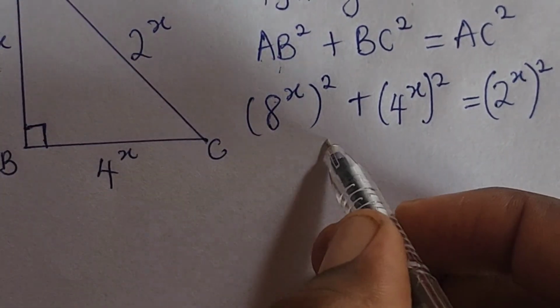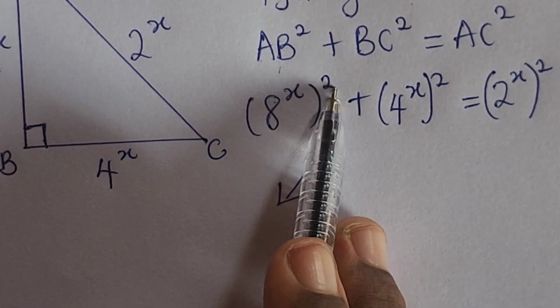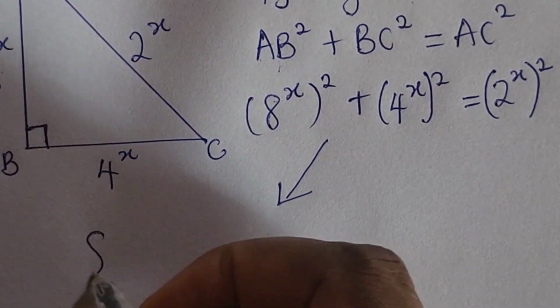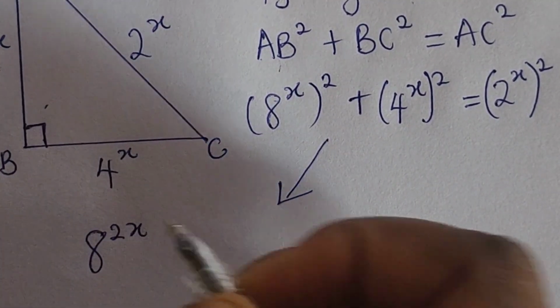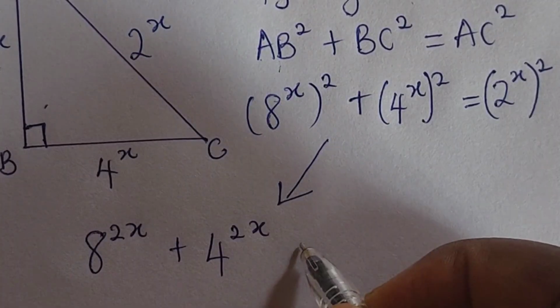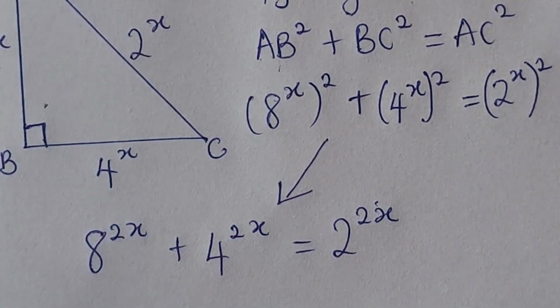So let's resolve this. Since we have powers here, the powers will be multiplying. 8 to the power of 2x plus 4 to the power of 2x is equal to 2 to the power of 2x.